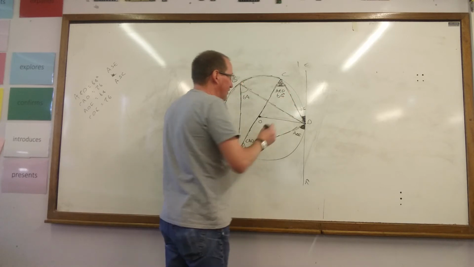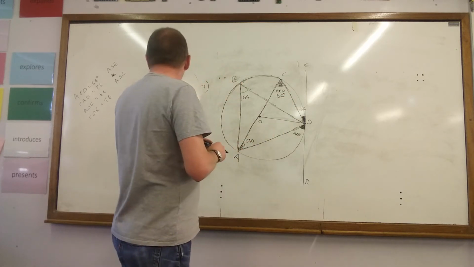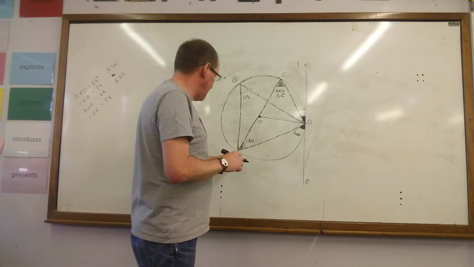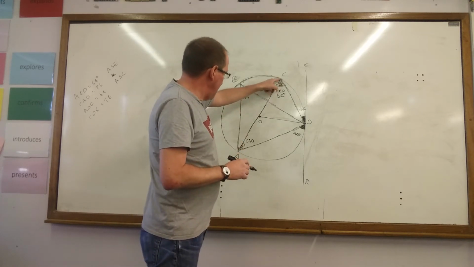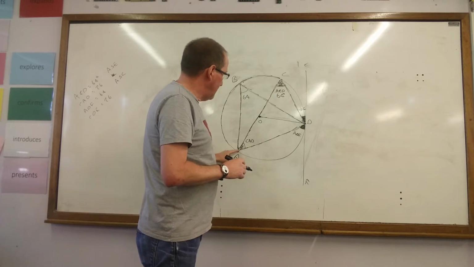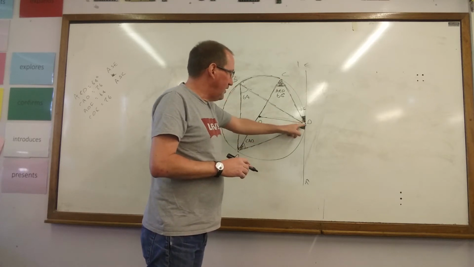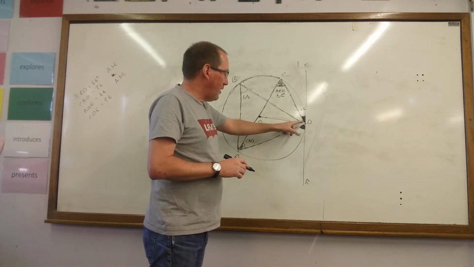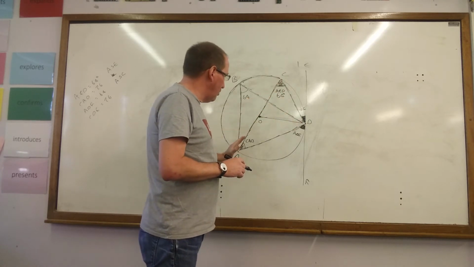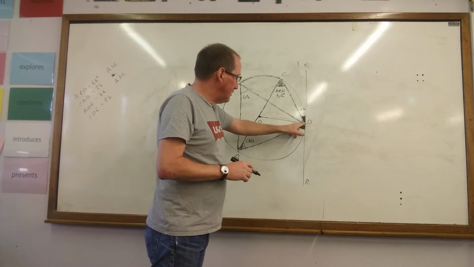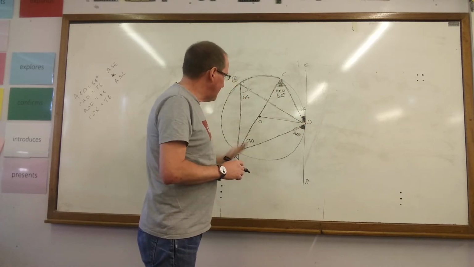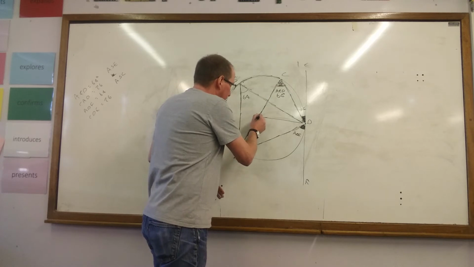Now I know that's 64, it asks me to work out CAD. So CAD goes from C to A to D. This one, I know this is 64. If you remember that idea of a triangle meeting at a circumference, when I've got a diameter, I can see this is a diameter because it goes through the centre.